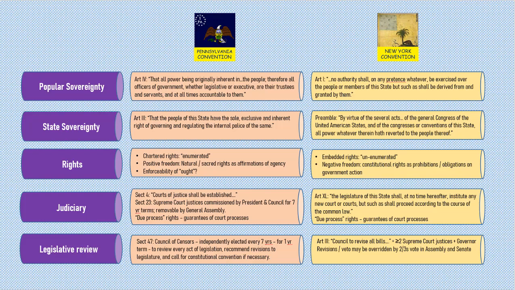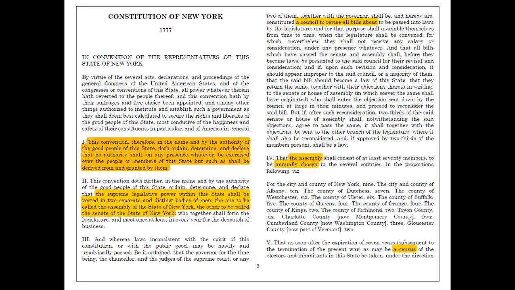We can begin in the New York Constitution in the very first article. So the New York Constitution lays out this relationship very clearly. We see in Article 1, the Constitution declares, "This convention, therefore, in the name and by the authority of the good people of the state, doth ordain, determine, and declare that no authority shall, on any pretense whatever, be exercised over the people or members of the state, but such as shall be derived from and granted by them."